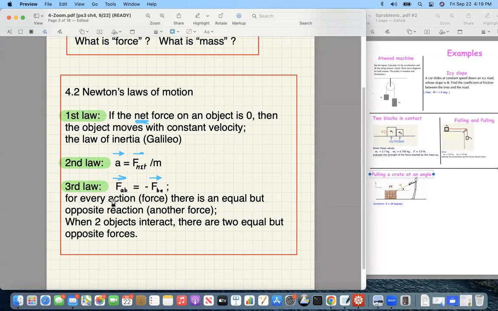Well, that may be a true statement, but it has nothing to do with Newton's third law. And that's the way most people kind of see this idea of action and reaction. They sort of think that first the action happens, and then later there's a reaction. That's not what Newton's third law means.